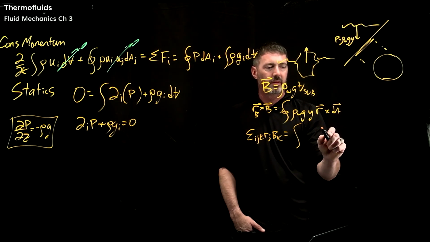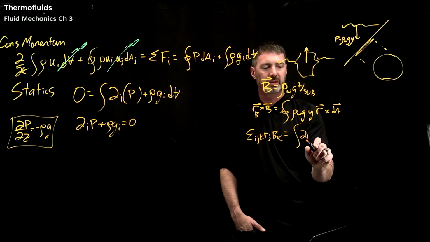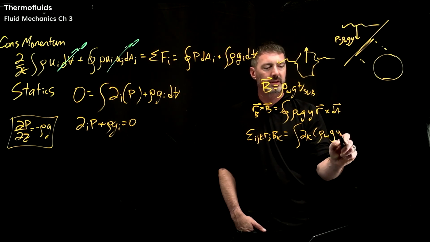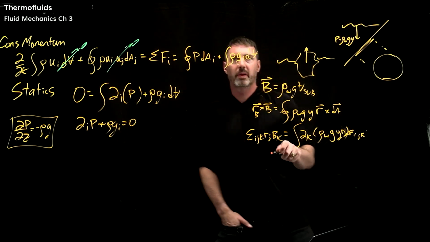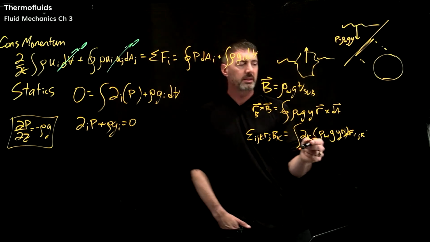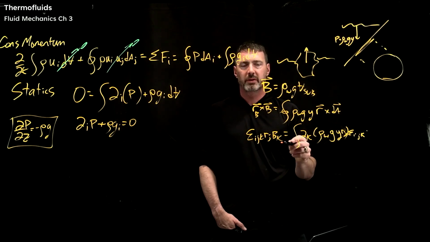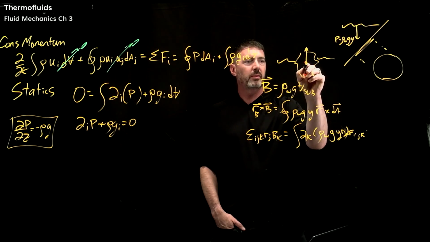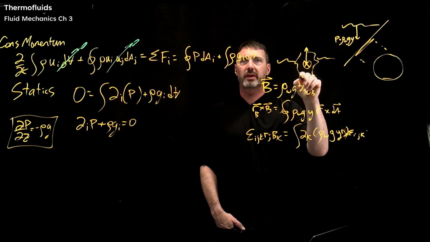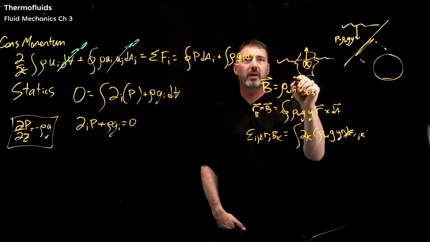It actually becomes d_k of rho w g z, with an epsilon_ijk, and sorry, you get an r_j in there as well. I encourage you to walk through this. It takes a little bit more math, but what you're going to find is that the force of buoyancy we would notate as going through the center of the volume submerged.